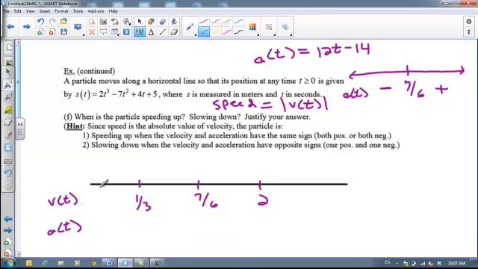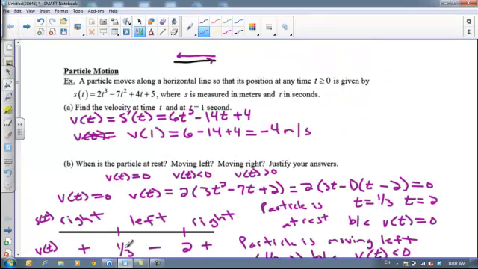So let's see what happens here. From 0 to 1/3, our velocity was positive, and our acceleration from 0 to 1/3, 1/3 is less than 7/6, so our acceleration would be negative there. Now from 1/3 to 7/6, we go back to our table. 1/3 all the way out to 2, my velocity was negative.